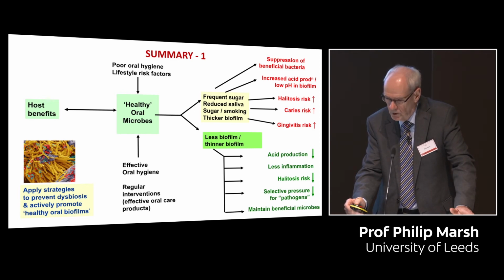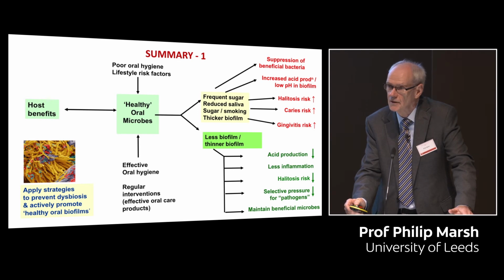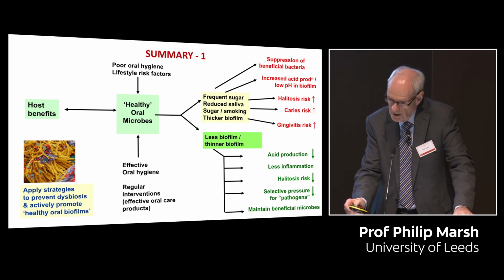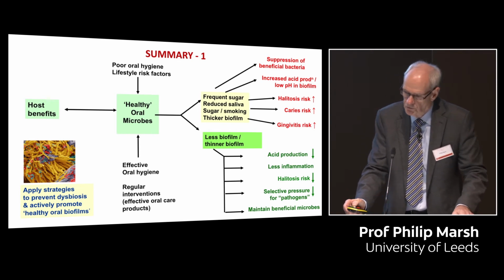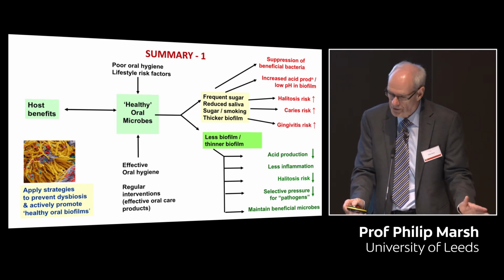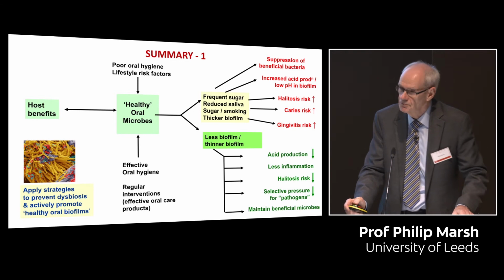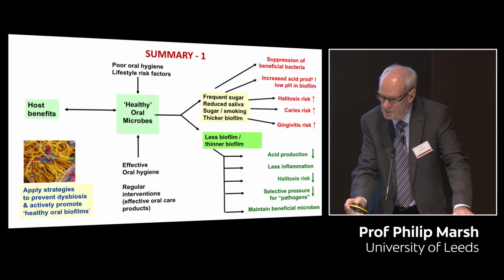So ideally, what we want to happen is for people to have effective oral hygiene practices and use effective interventions, so using effective oral care products, because this over time should result in less biofilm and thinner biofilms. And this will therefore diminish the growth of acid production.